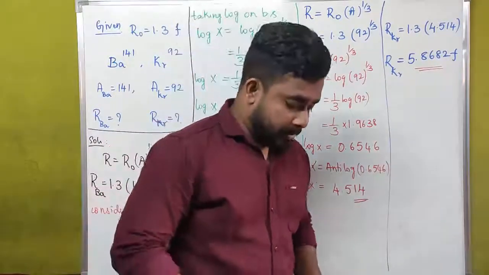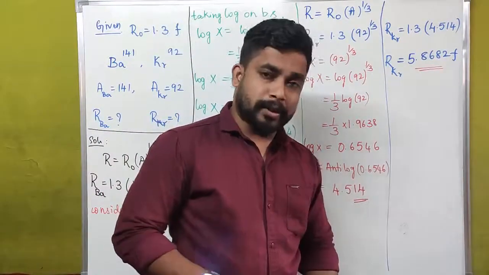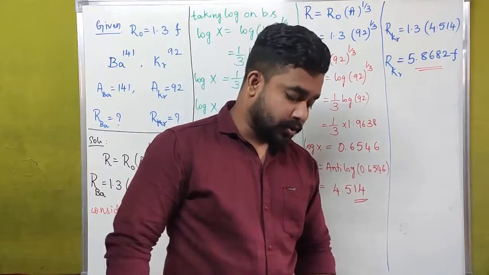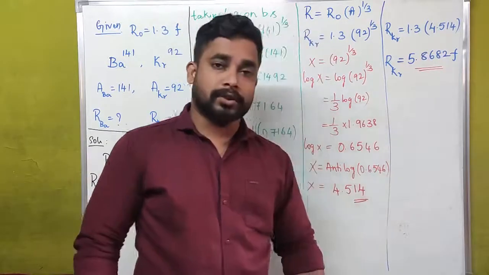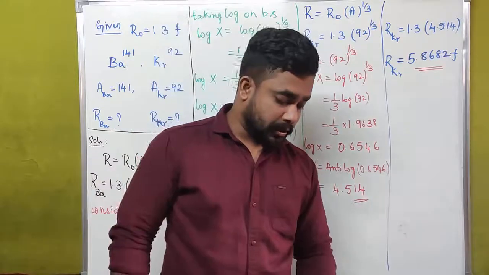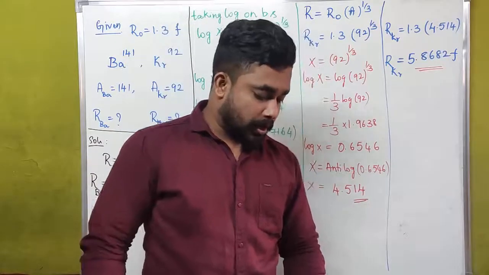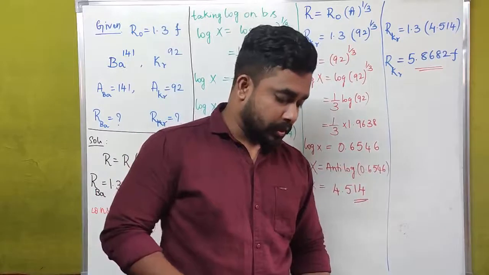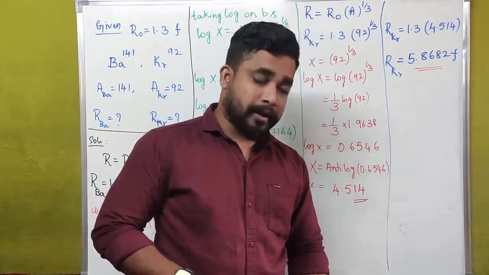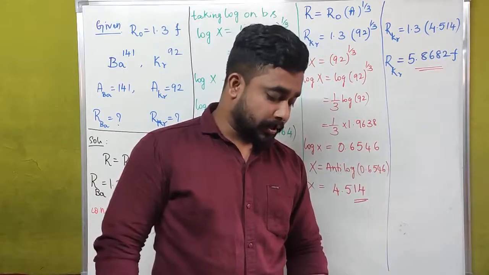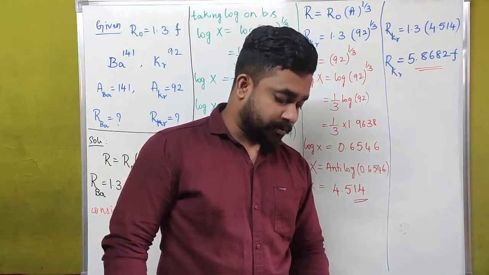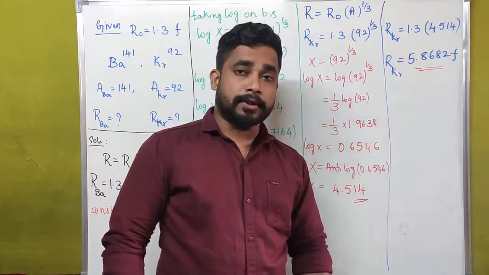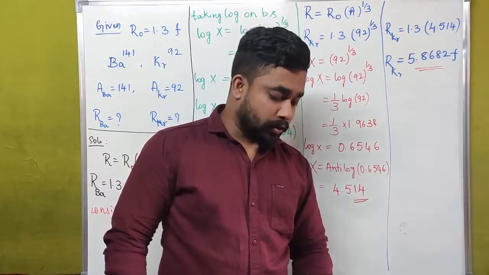And the next problem is, assuming that 4 H2 nuclei, each of mass 1.00728 units, combine to form a helium nucleus of mass 4.00150 units and two positrons, each of mass 0.000548 units.